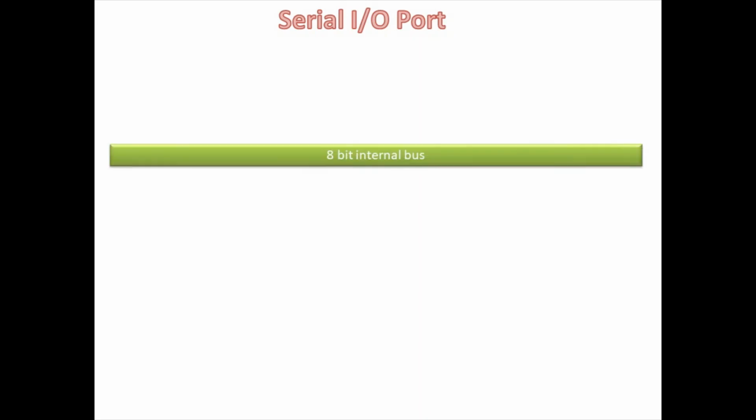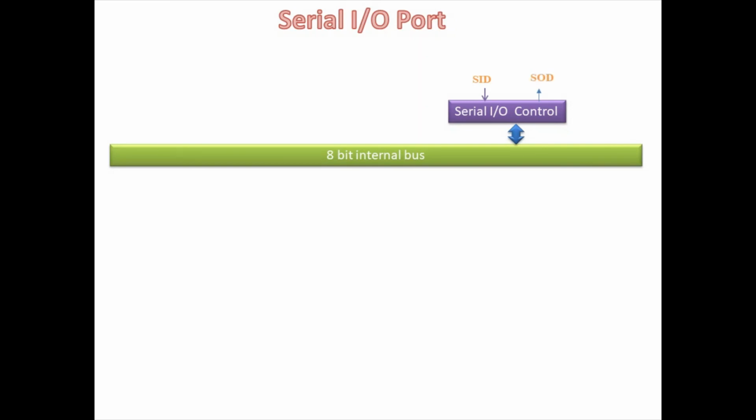Next one is the serial I/O port. As the name says, it performs serial operation. Every communicating device requires serial communication, because parallel transmission over a longer distance is not suitable. The 8085 processor also has serial communication with two pins, SID and SOD.